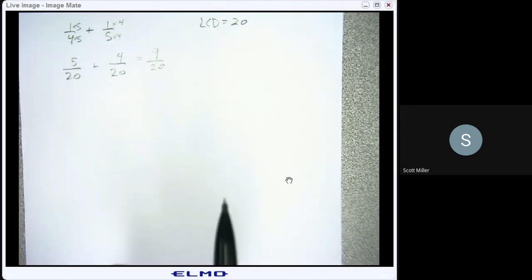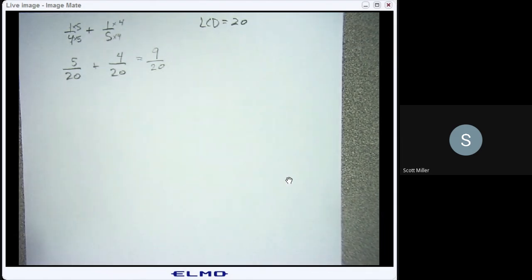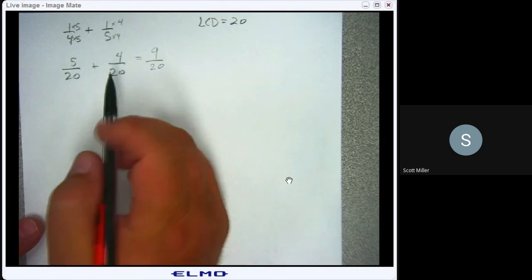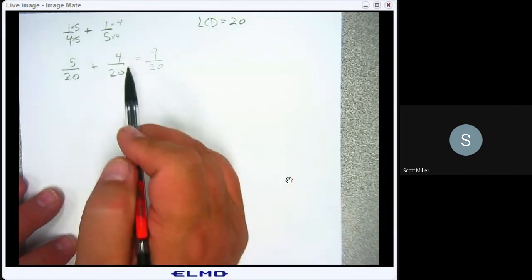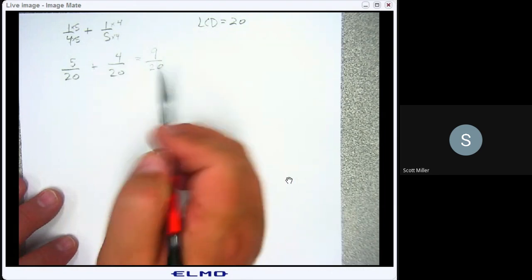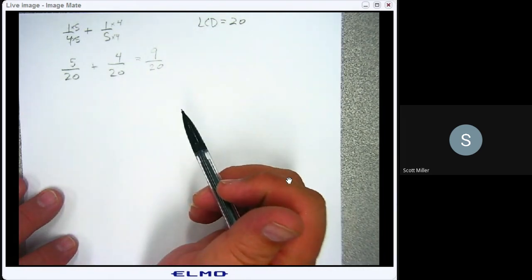It will work. It's just not the least one, which means you might have to do something called reducing afterwards. All right? But it will work, no matter what. But finding the least common denominator usually means you can eliminate a lot of extra work at the end. Most of the time. Okay?